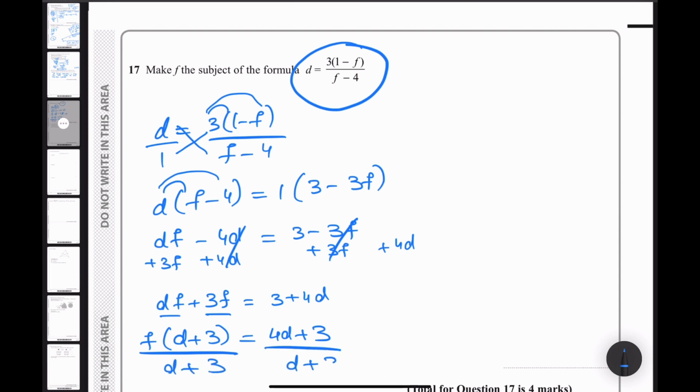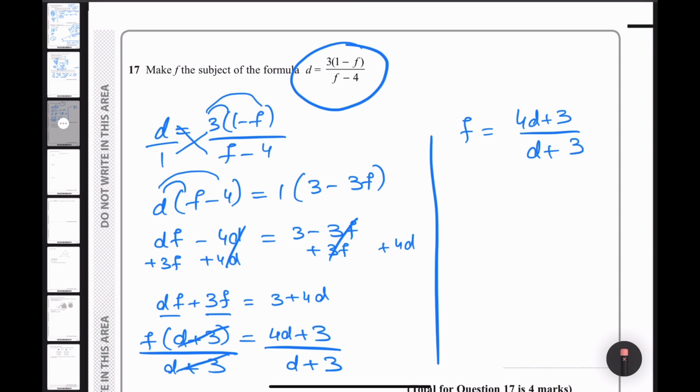This will get cancelled, so my final answer will be f equals 4d plus 3 over d plus 3. So that's how we'll work out the value of f, and we'll make f our subject.